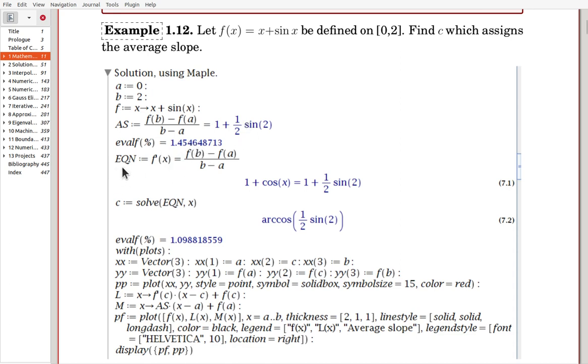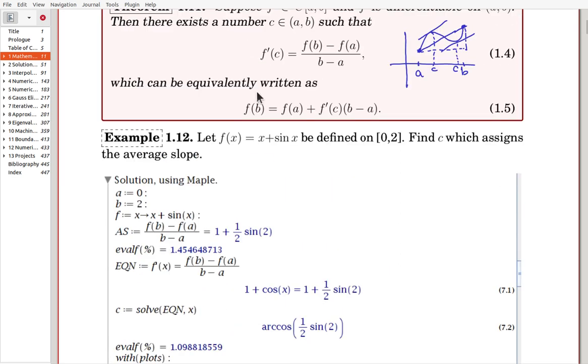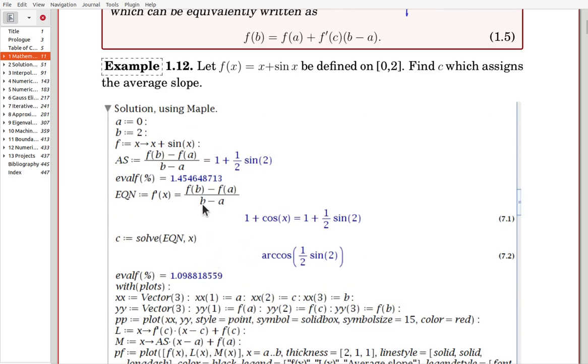Now, we define the equation as f prime x equal to the average slope. For the equation, we solve it for x. Then the solution will be c. For the last output, we get a floating point number that is about 1.1.